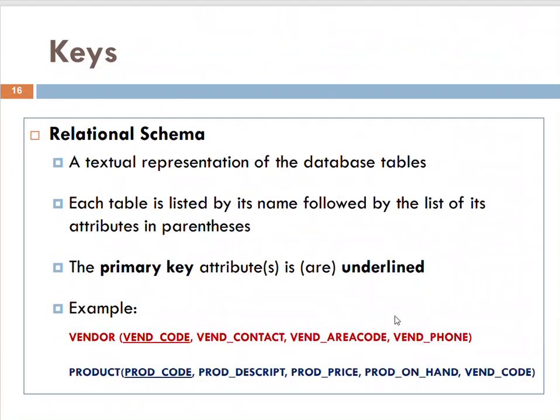You write all the attributes in the tables. And then close the bracket. And then you underline the primary key. Okay, similarly for the second one, table product, write the table's name. Okay, open bracket, write all the attributes, close the bracket, and then underline the primary key.